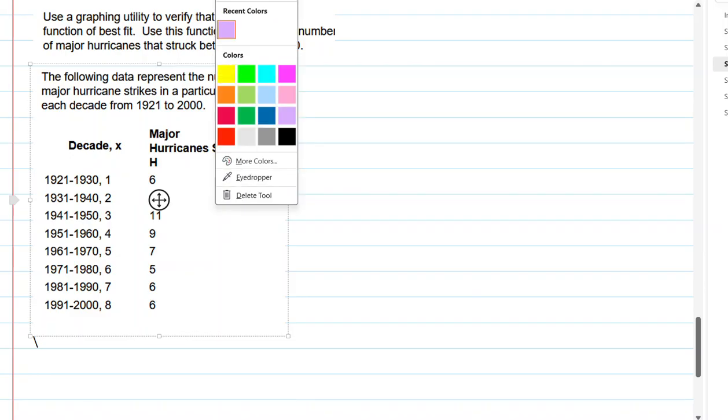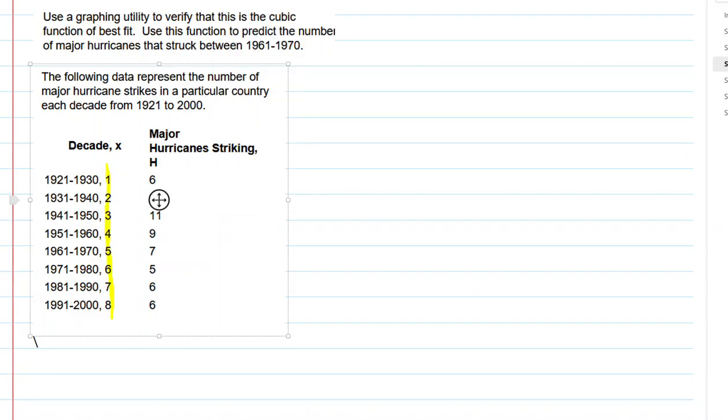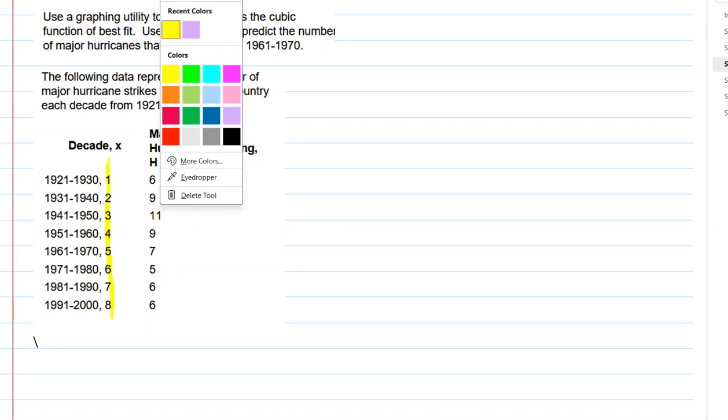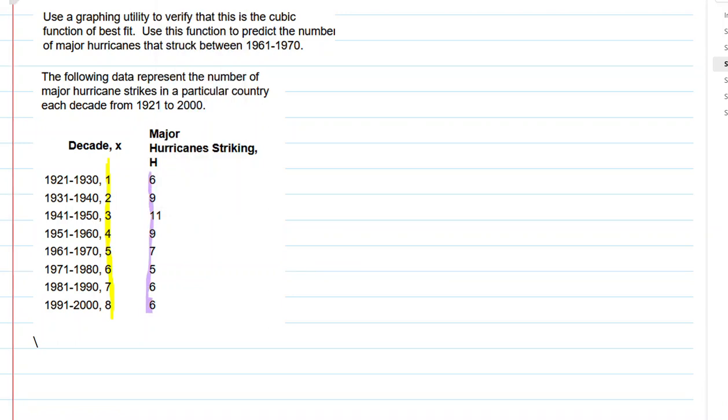My new palette just kind of drives me crazy. We have our X's, and then we have our Y's. Does everybody see that? I'll give you some moment to put it in your calculator.